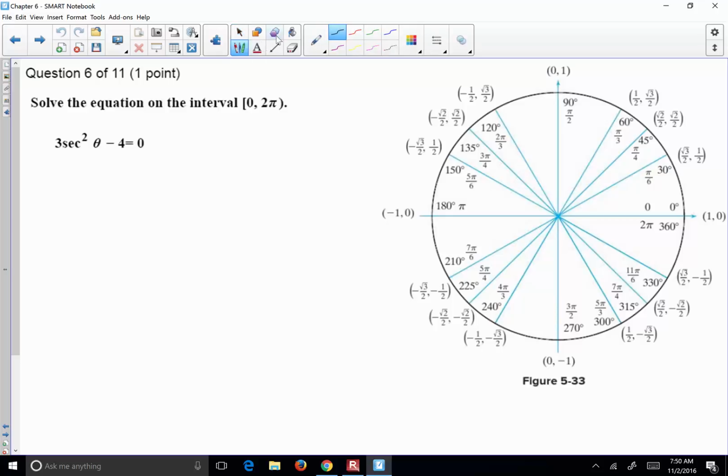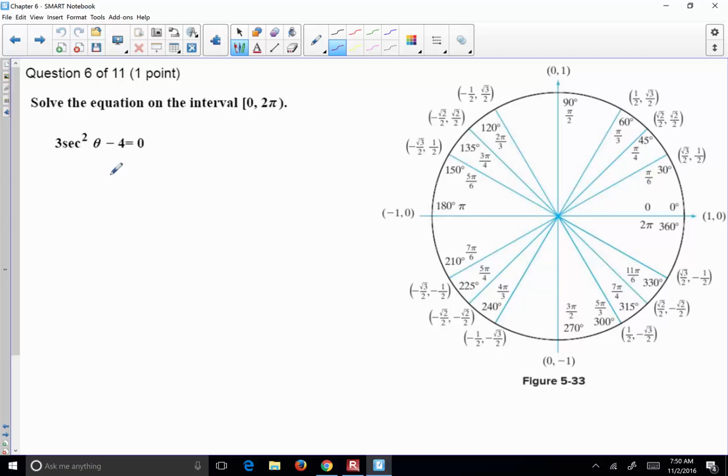So again, solving a trig equation requires isolating the trig function first, and then figuring out the variable using the wheel of common values of sine and cosine on this picture. So how do I isolate this guy? 3 secant squared minus 4.